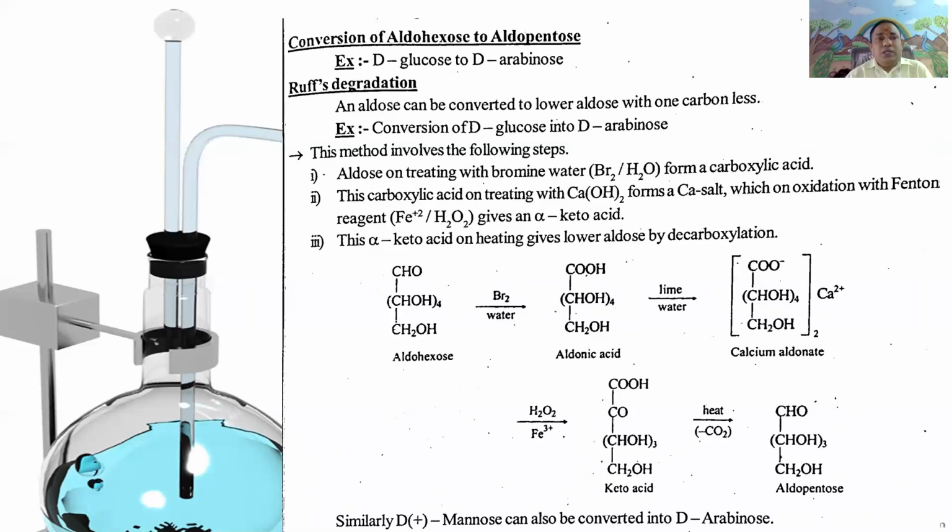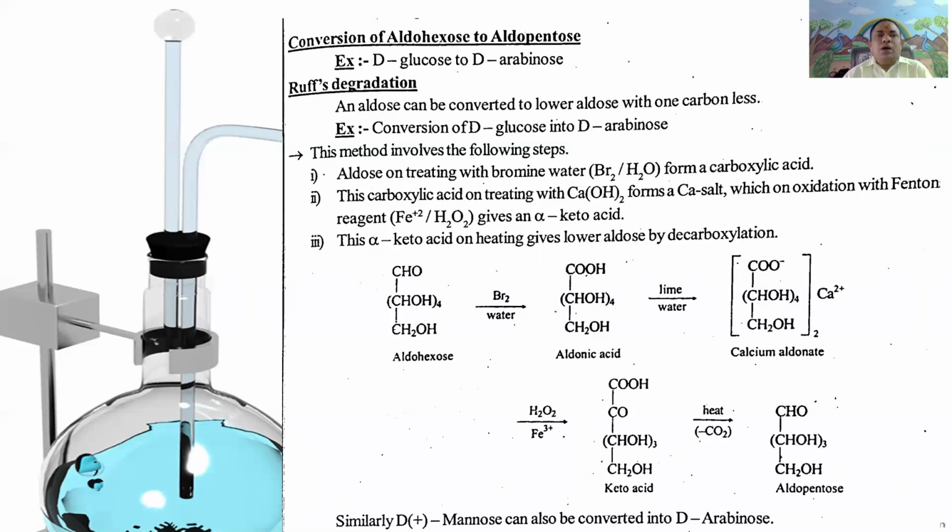Ruff degradation involves a four-step reaction. First step, aldohexose or glucose undergoes oxidation with bromine water to give gluconic acid. Second step, gluconic acid upon treatment with lime water gives calcium gluconate.